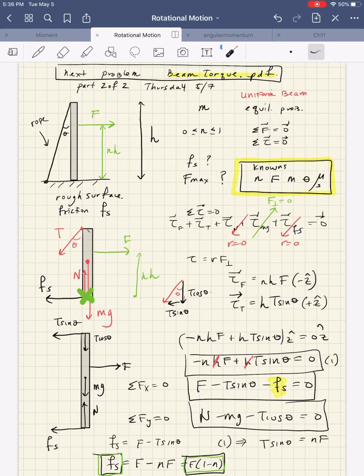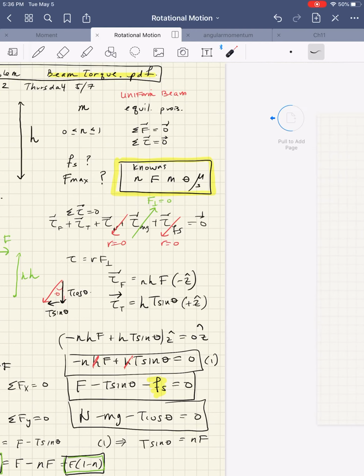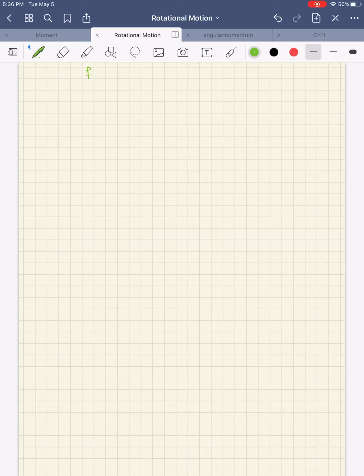So now I'm going to maximize F. I'm going to need the equation F sub s equals F(1 minus n). To maximize the force of static friction, I'm maximizing F. What is F max? That's the next thing I'm solving for.